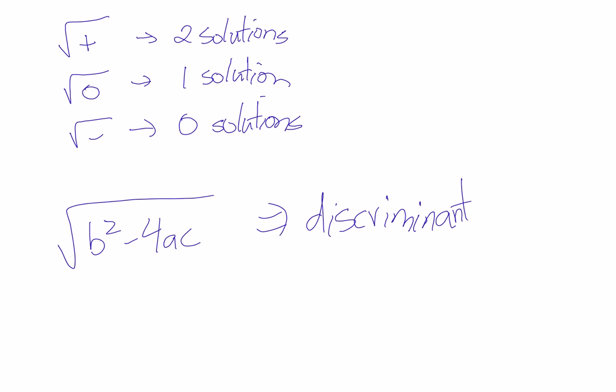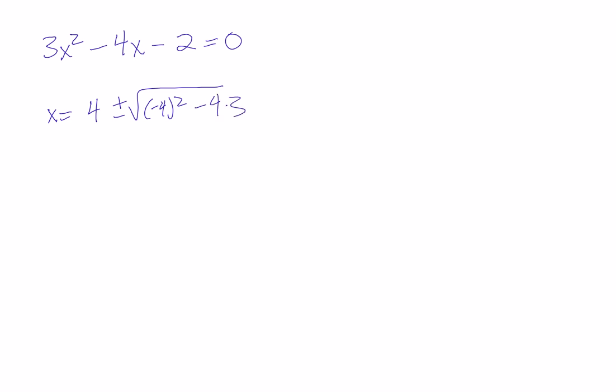Okay, and let's do one more example. In a lot of cases, when we factored, remember we could get questions that just didn't factor. Now we're going to look at questions where you might not be able to factor them, but the formula will still work. So in this case, our formula would be negative b, so plus 4, plus or minus the square root of negative 4 squared minus 4 times 3 times negative 2, divided by 2 times 3.